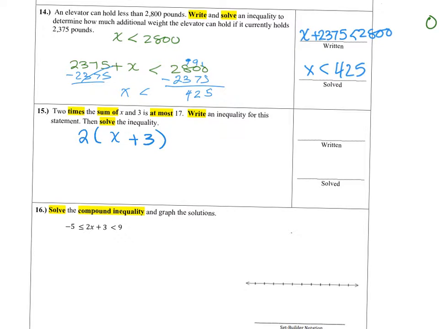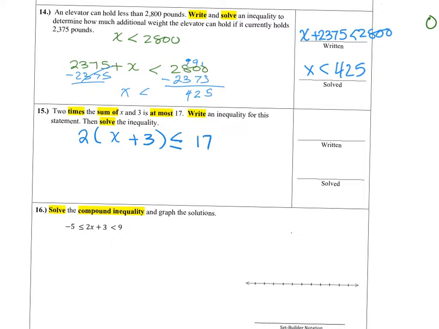And if it says at most, it means that you can't be anything more than 17. So when we get stuck on these words, you've got to think to yourself, if I can be at most 17, then it means that I cannot be anything more than 17, because that's the most you can be. And if that's the case, that means you're less than or equal to 17.